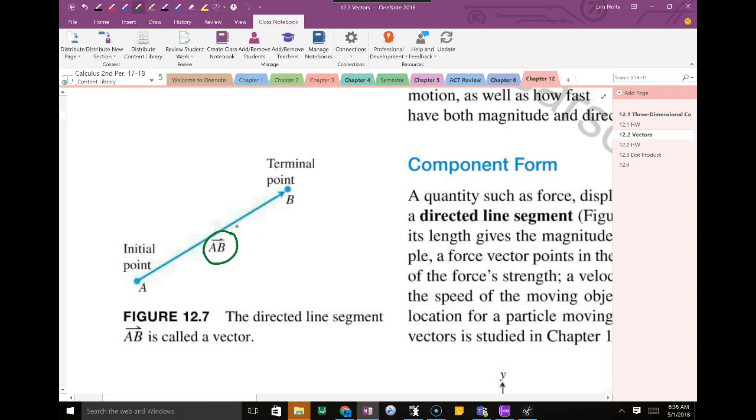You've seen that notation maybe in geometry before. Okay, so that means that we're working with a vector that starts from point A and goes to point B. Okay, so A being your initial point, B being your terminal point. How are we doing so far?